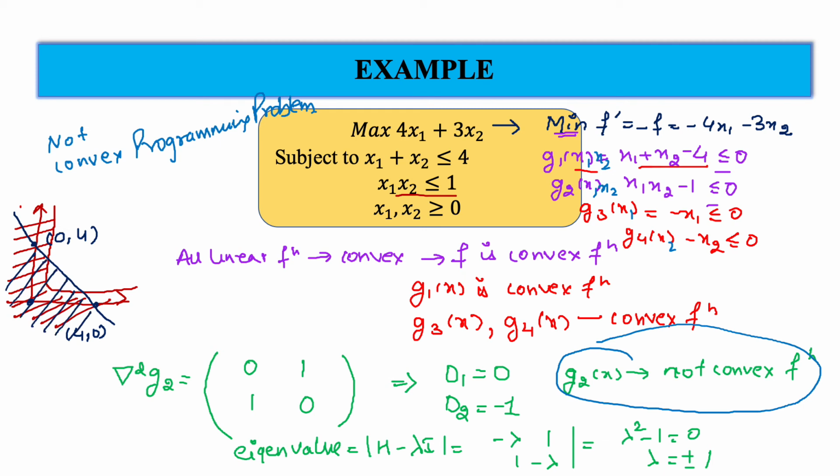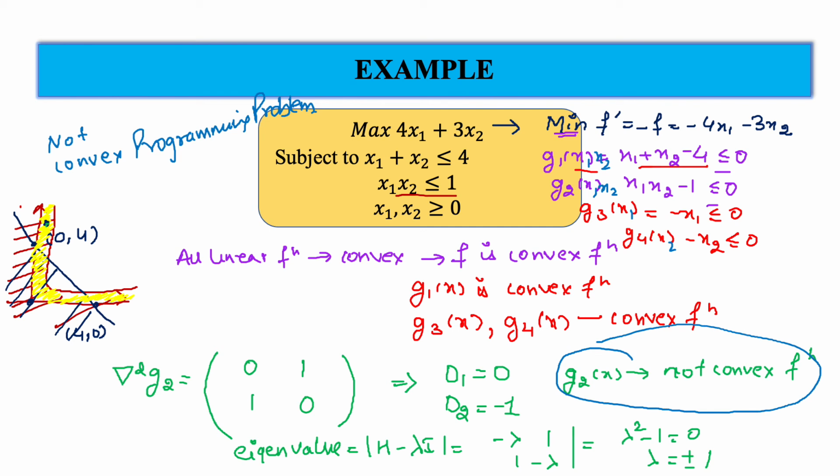And since x1 and x2 are greater than 0, so this region, if you will see, we can cancel out. So it will be in the first quadrant. So basically this whole region will be my feasible region. And if you will see, take any 2 points in this region, I will take a different color, green color.